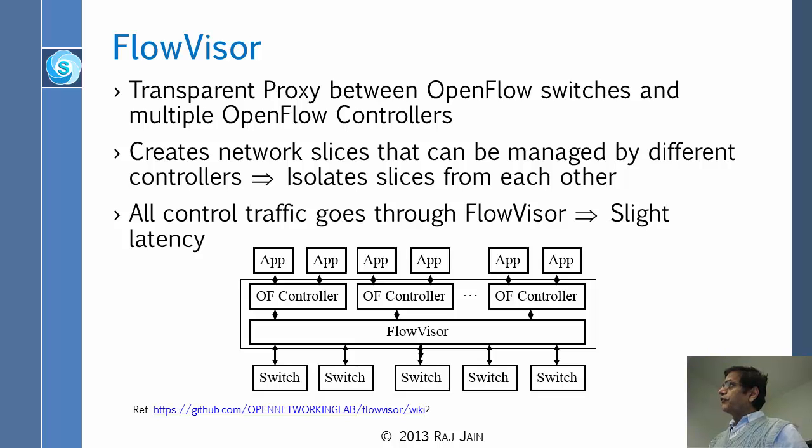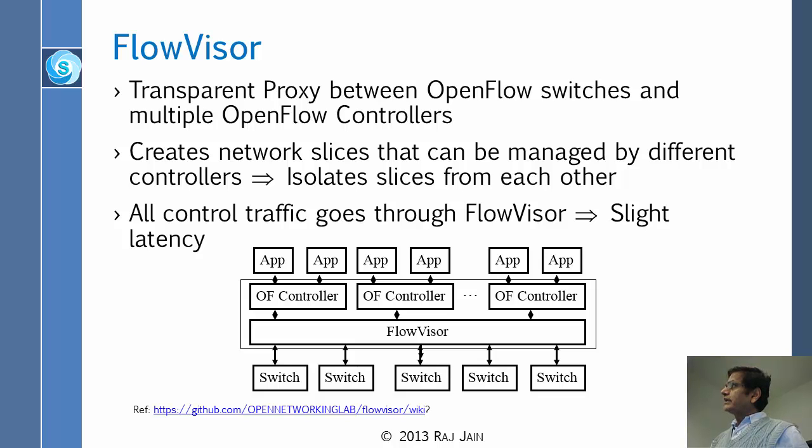They can talk to the FlowVisor, and the FlowVisor will talk to the switches. By doing this, what FlowVisor is doing is making this whole thing multi-tenant. So the controllers don't have to worry about virtualizing. Each controller controls whatever pieces it controls and has complete control over that. And then these could be divided. So half of this switch, for example, could belong to one controller, the other half to another controller.